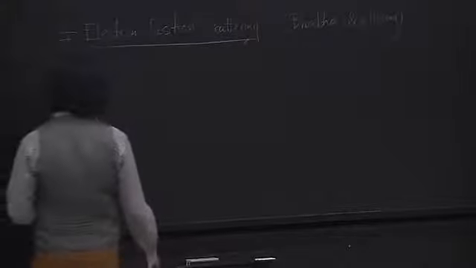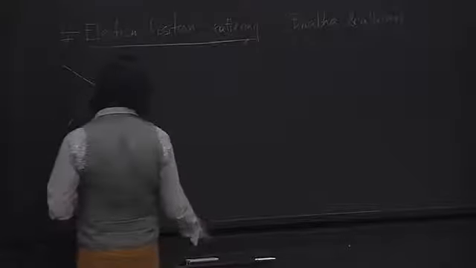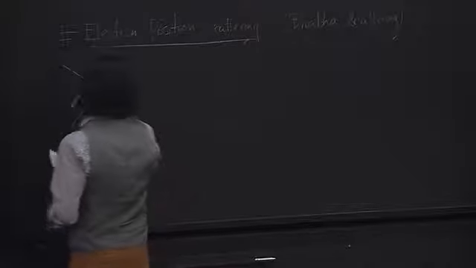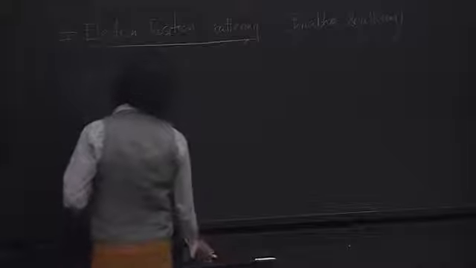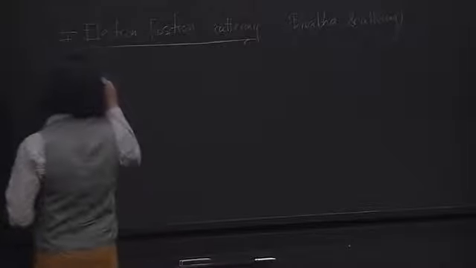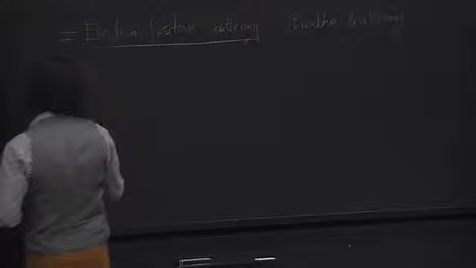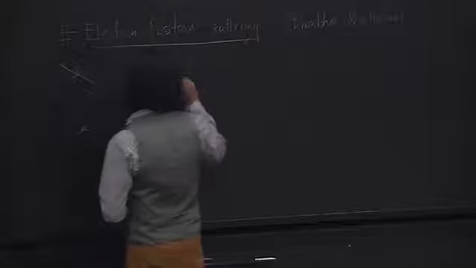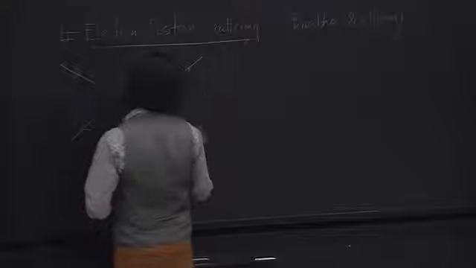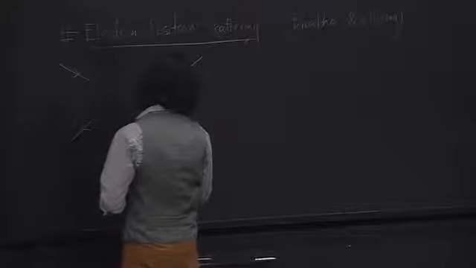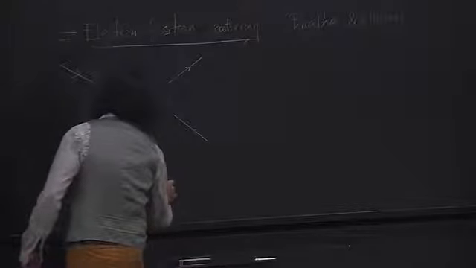They scatter. And in the end, you produce another electron and a positron. So an electron comes in like this. A positron goes out. An electron is going out. Remember, time is flowing in that way.